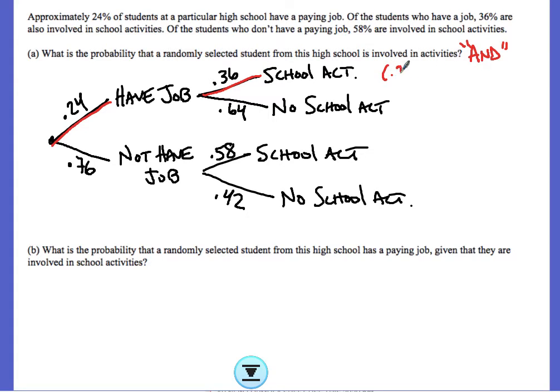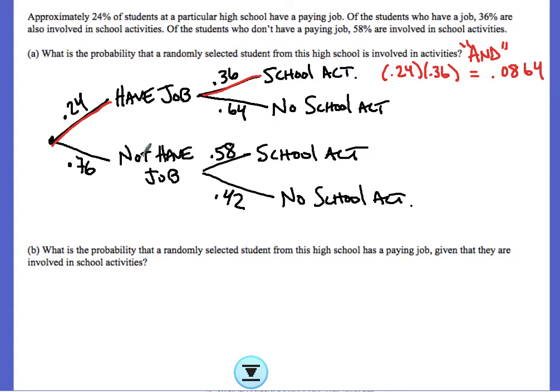So I'm going to do 0.24 times 0.36, and I'm going to get 0.15. Oops, sorry, I did that wrong. Okay, when I multiply those two together, I will get 0.0864.